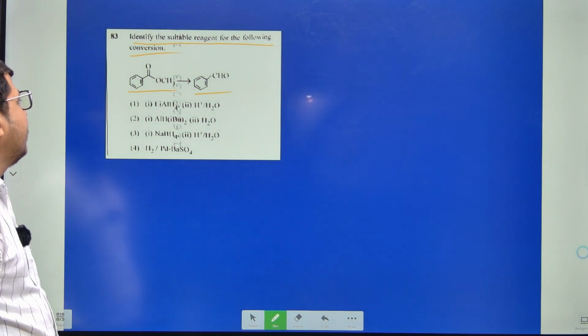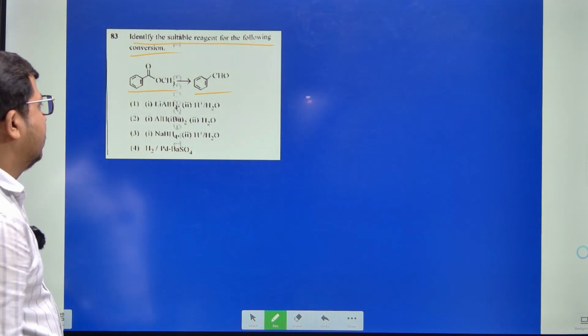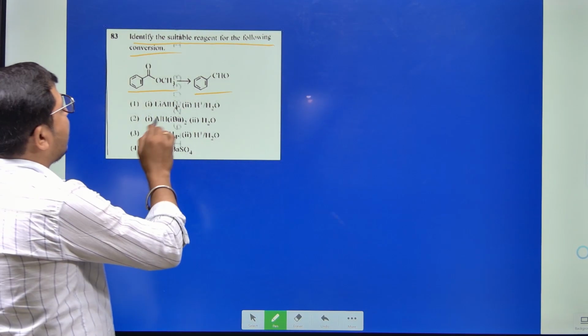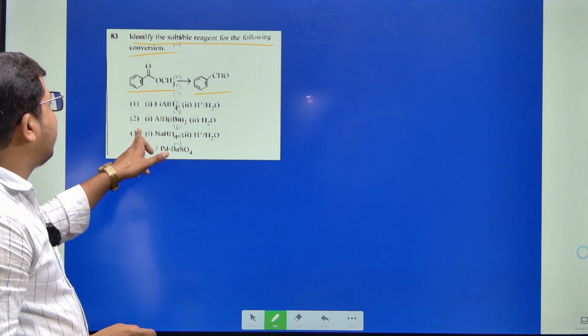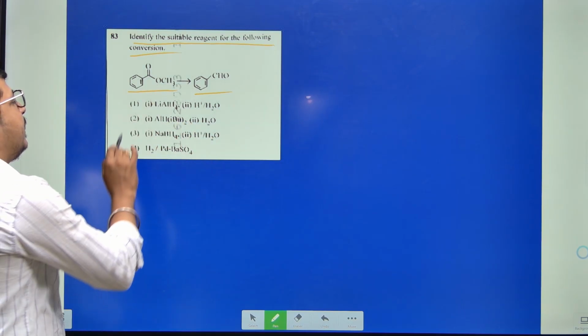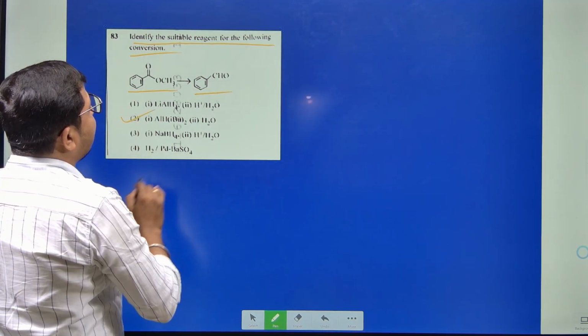Here they have given an ester into aldehyde. So what is the suitable reagent used for the following conversion? That is diisobutyl aluminum hydride.